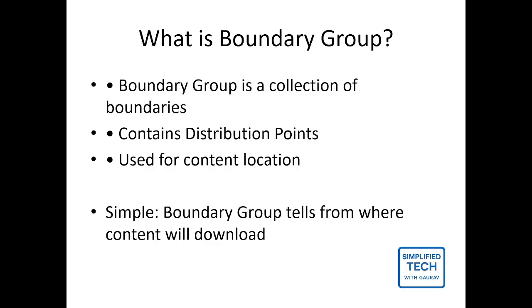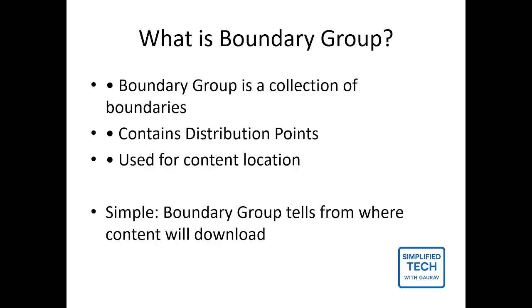A boundary group is a collection of boundaries, contains distribution points, and is used for content location. Simply defined, a boundary group tells from where content will download.